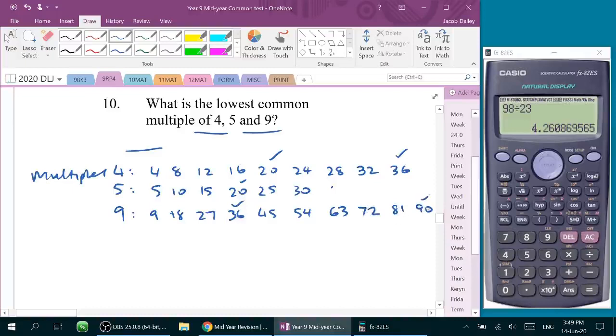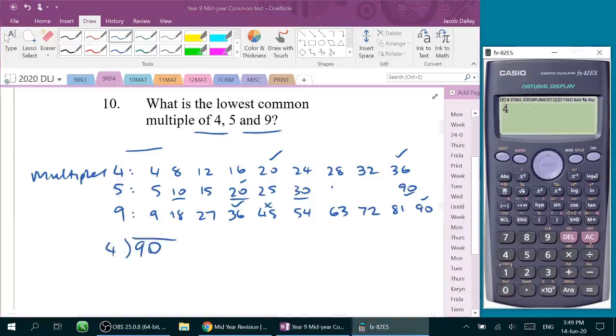So 90, we know, will be a multiple of 5 because all multiples of 5 end in zeros or 5s. So there'll be a 90 in there in the multiples of 5. So that's really the first one that we can check. Oh, we could have checked 45. But 45 will not divide by 4, so that's not going to work either. So let's just try 90s into 4. 90 divided by 4 is 22.5.